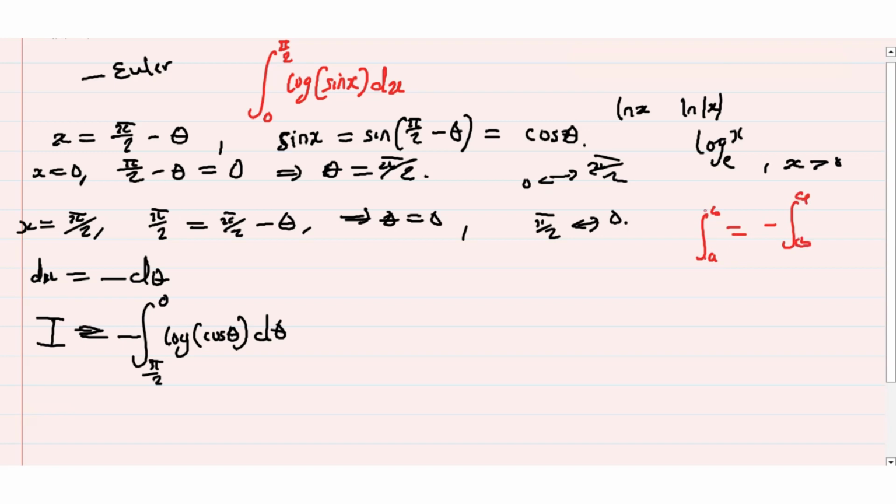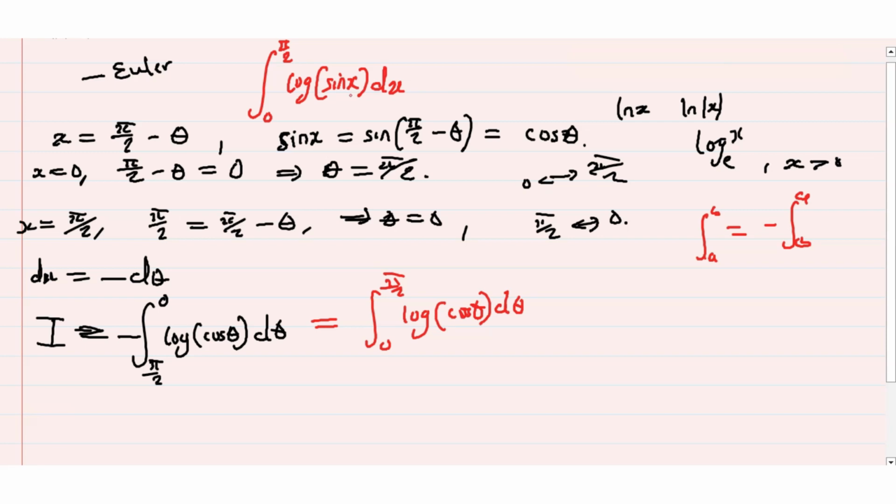So we can change the order of integration; if we flip the limits, we change the sign. So in this case, this whole I would equal the integral from 0 to pi over 2 of the logarithm of cosine of theta d theta.